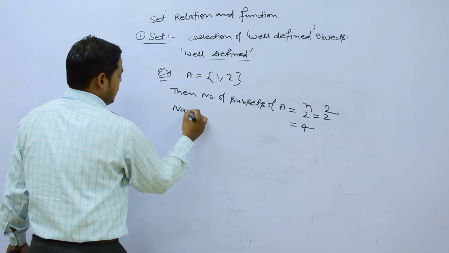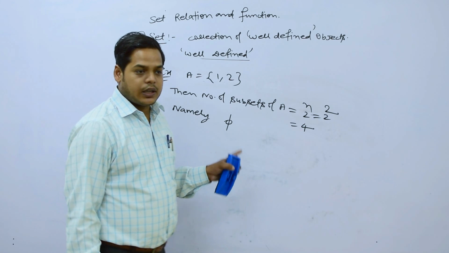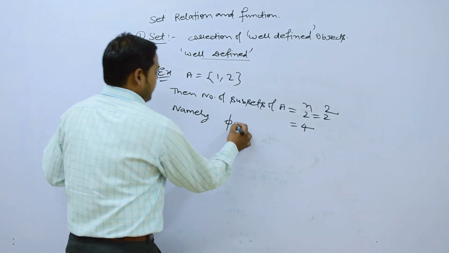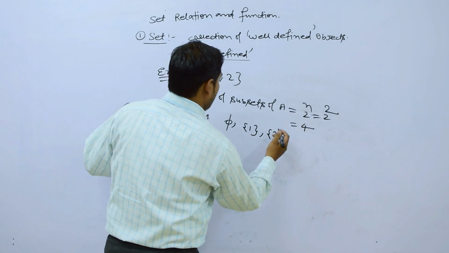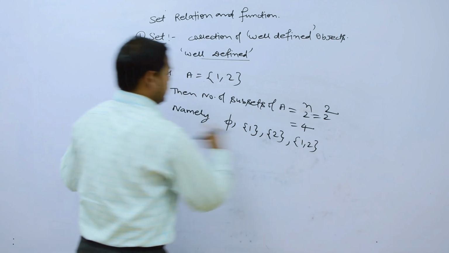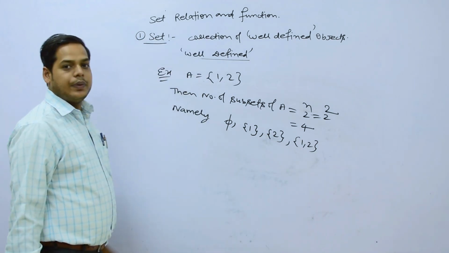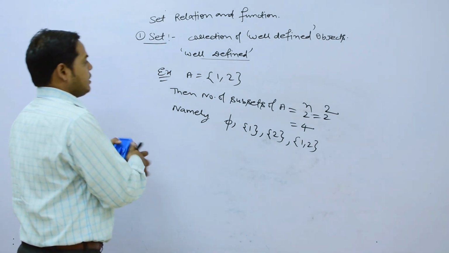Namely phi, we know phi is a subset of each set, singleton 1, singleton 2, and 1, 2. These are 4 subsets of a given set A. So these are the sets and subsets.